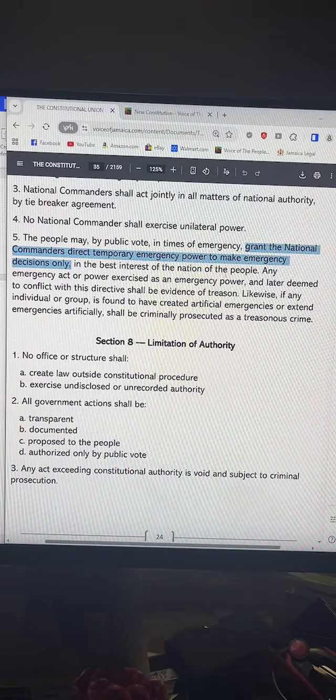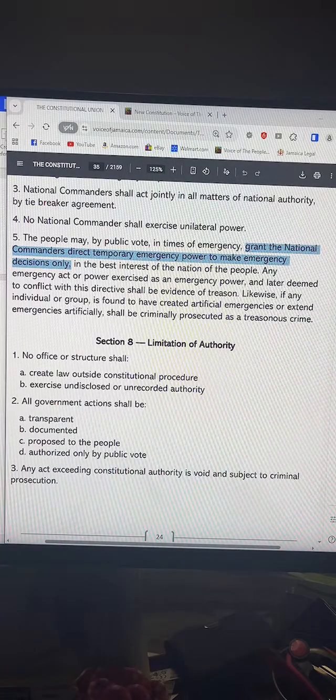In the best interest of the nation of the people, any emergency act or power exercised as an emergency power and later deemed to conflict with this directive shall be evidence of treason or a direct violation of the Constitution intentionally. That is what treason is. You're basically going against a nation.